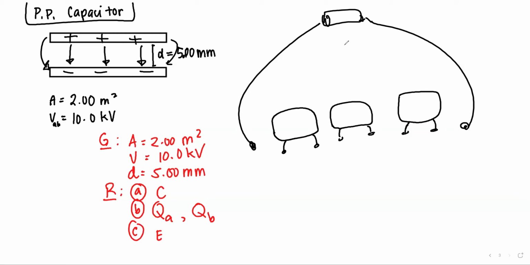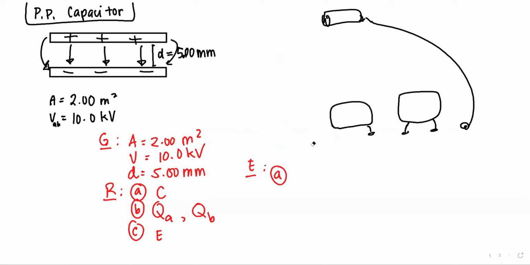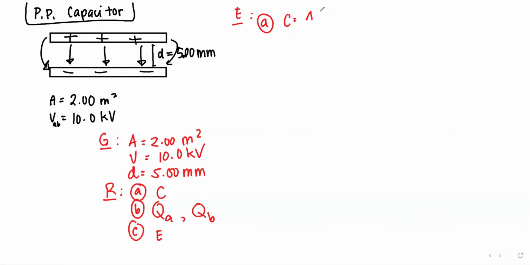Equation for letter A. What is our equation for letter A? C is equal to area epsilon naught over D. Do we have area? We do, that's 2.